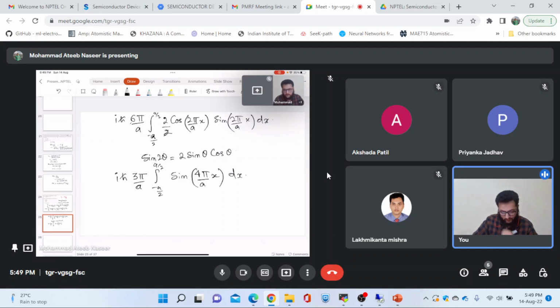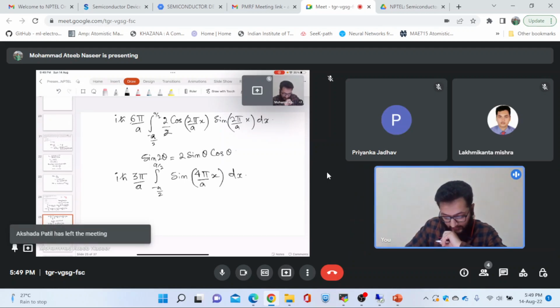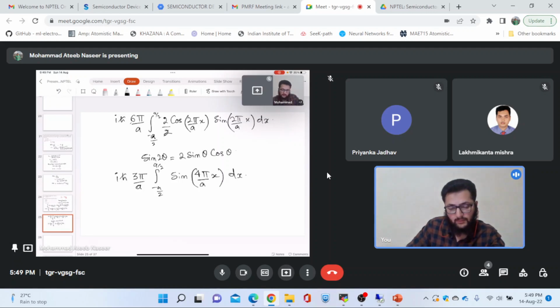Now we can see, we can integrate this as well, but we can clearly see that this is sine and it is between the limits minus a by 2 to plus a by 2, and we know this sine is an odd function.